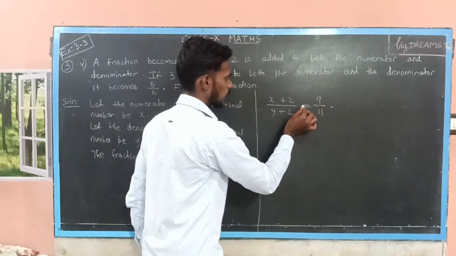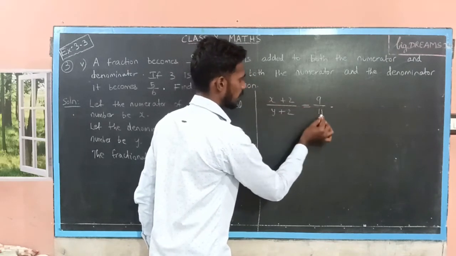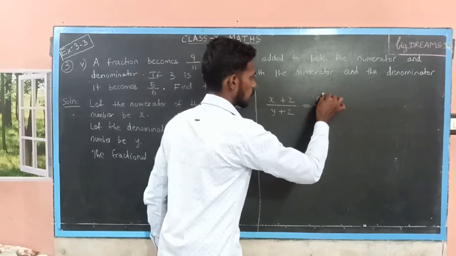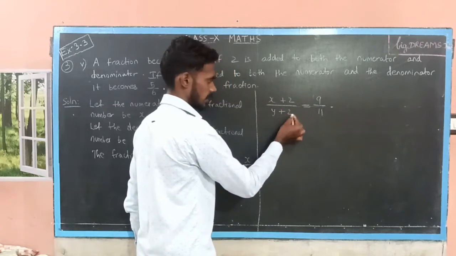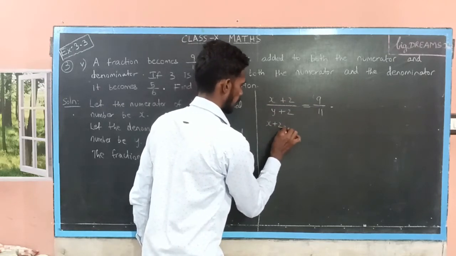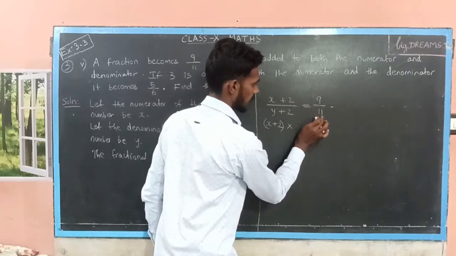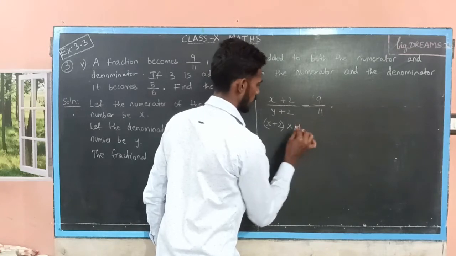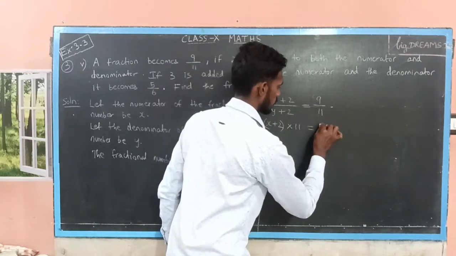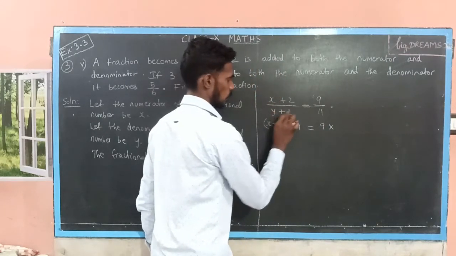Here we are going to just cross multiply: this numerator into this denominator is equal to this numerator into this denominator. First numerator x plus 2 into the RHS denominator, that is 11, is equal to the RHS numerator, that is 9, into this denominator, y plus 2.